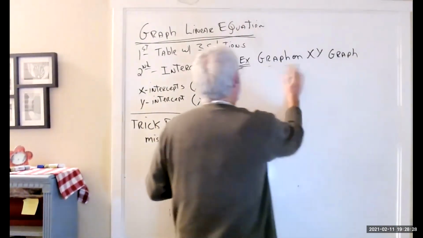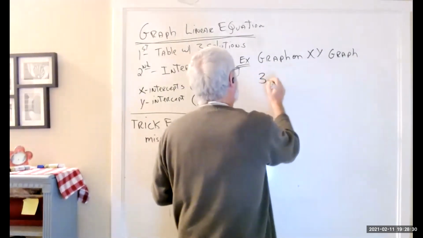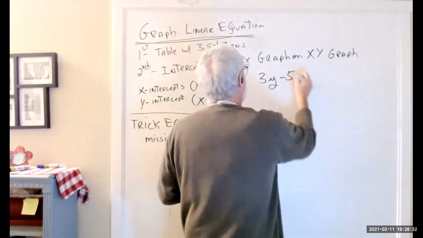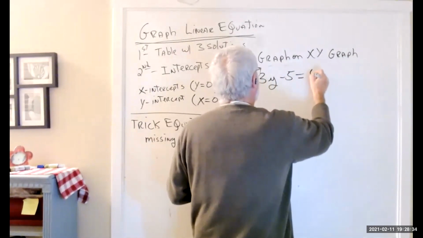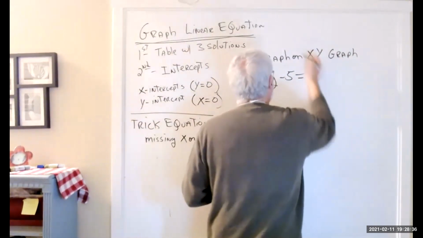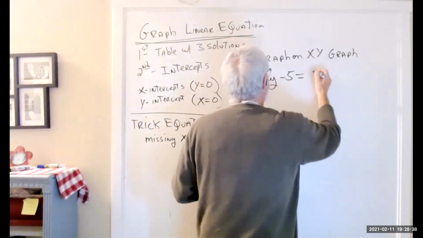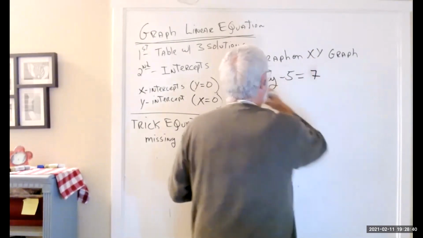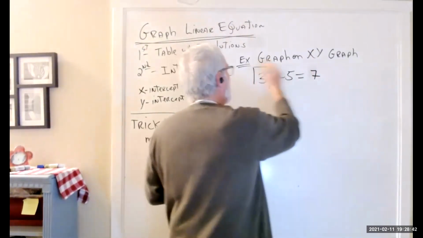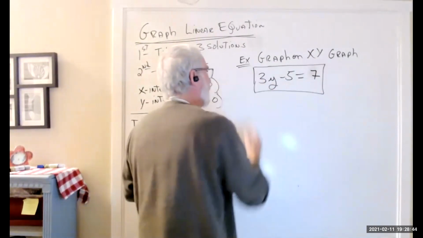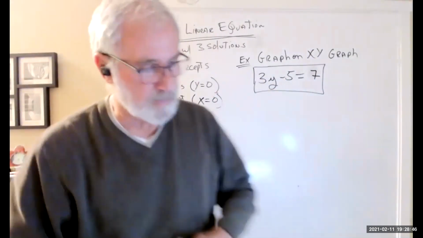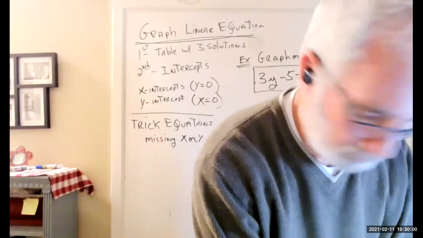I want you to graph this one: 3y minus 5 equals 7. Graph that. I'll pause it, give you about a minute and a half, 2 minutes to do it.